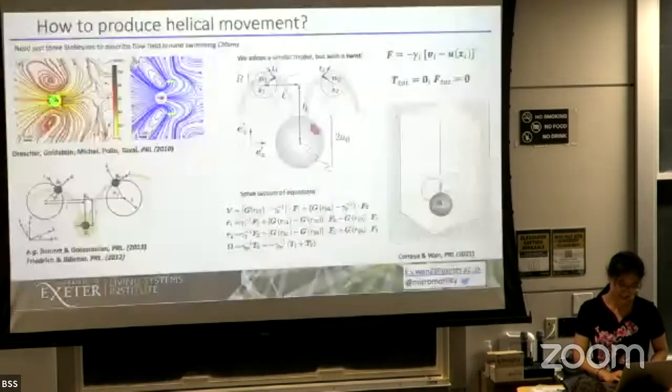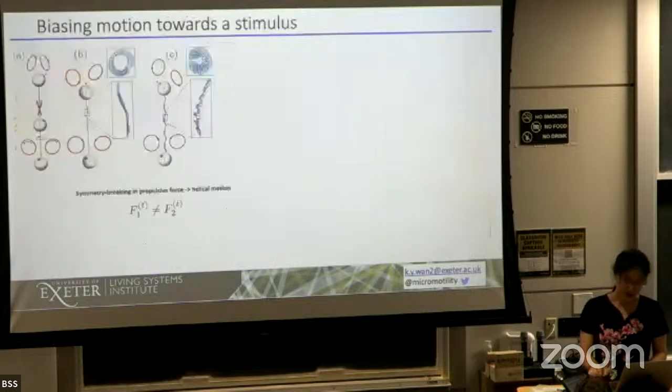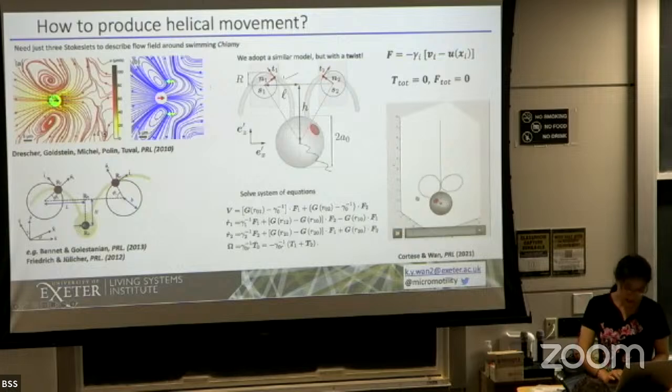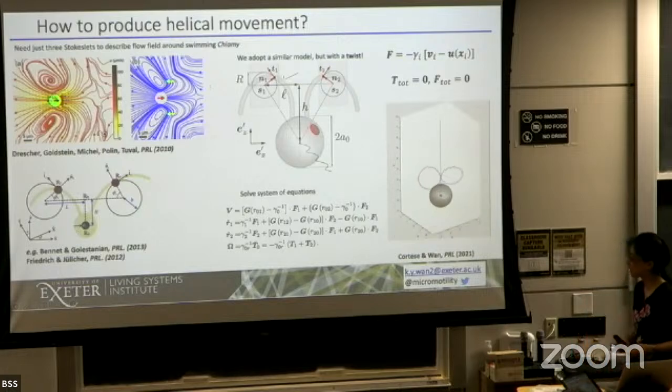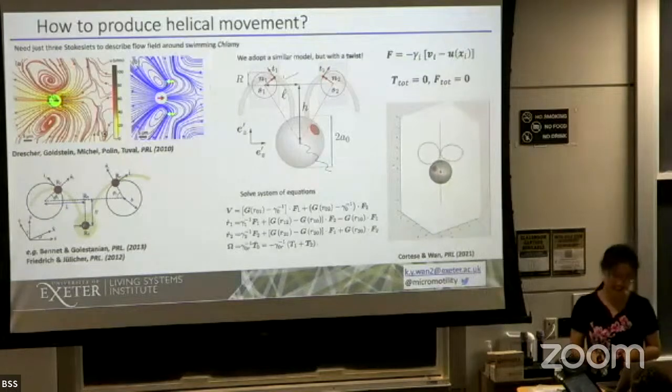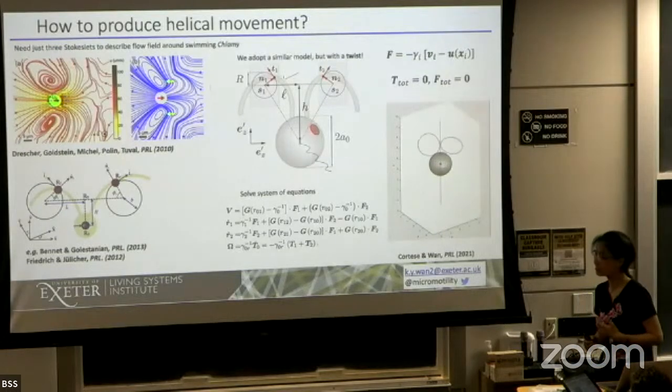Okay, good, let's go back. So once we implement this angle beta, you can see that the whole thing will rotate about its own axis. So this isn't actually a helix. Well, it's a very degenerate helix.